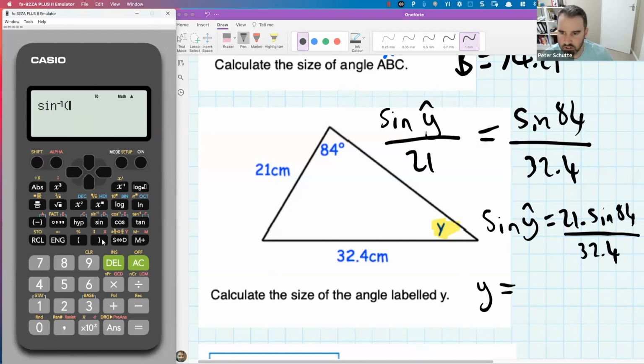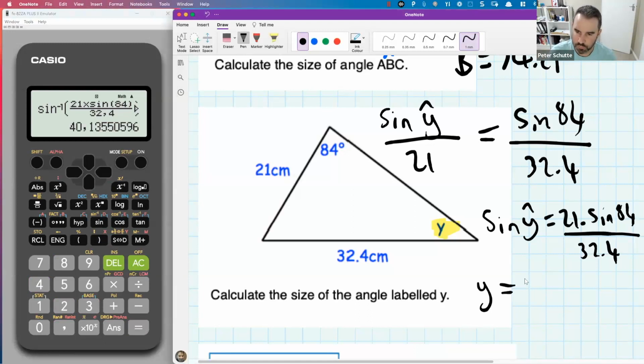So inverse sine, fraction, and you should get 40.14 degrees.